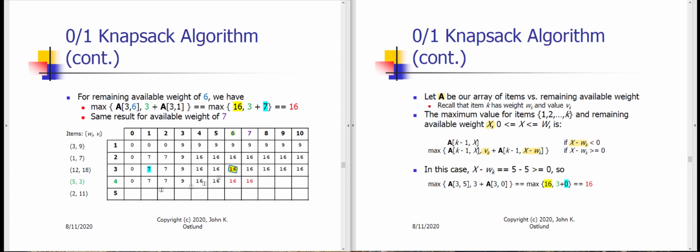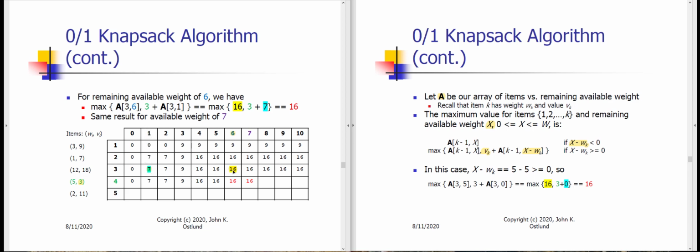or it's going to be 3 plus the best we can do using the remaining available space, which is 1 unit of unused weight.